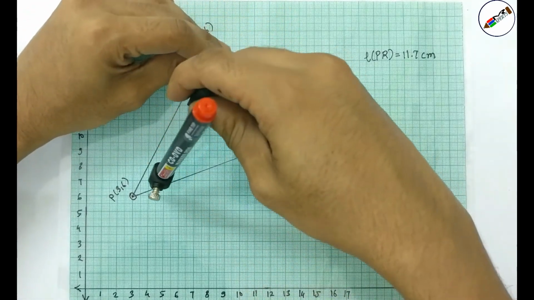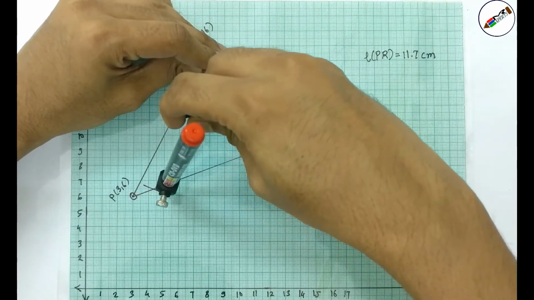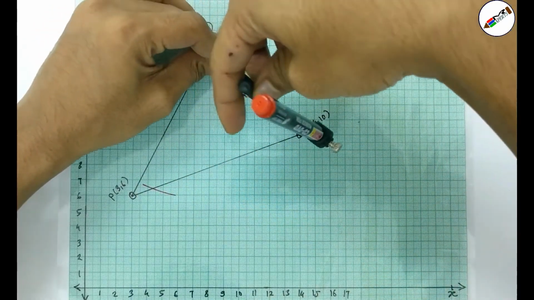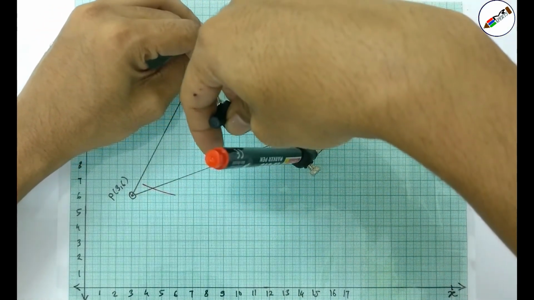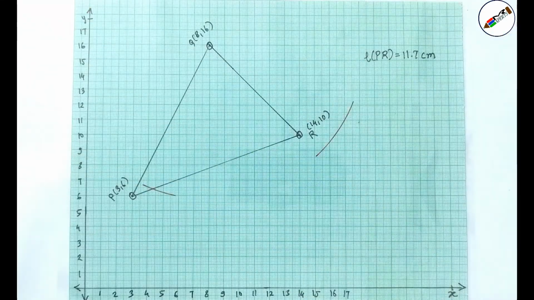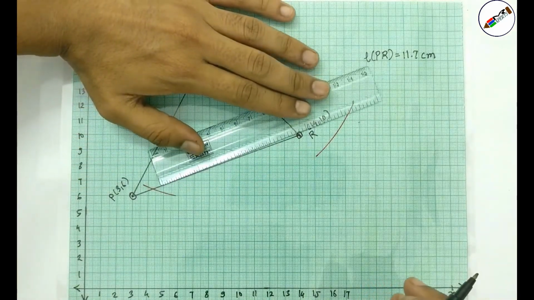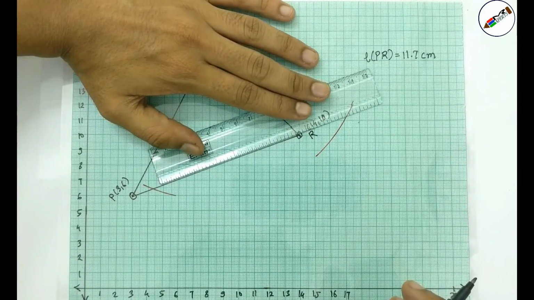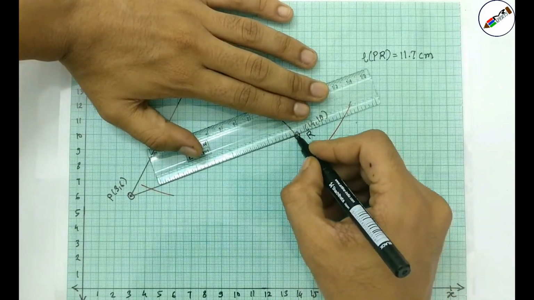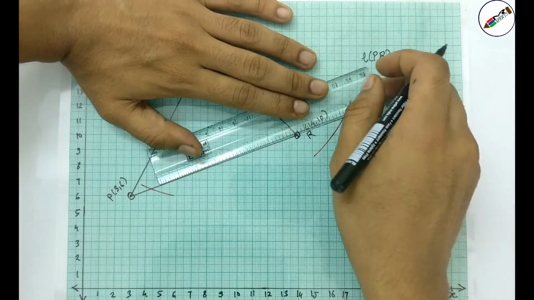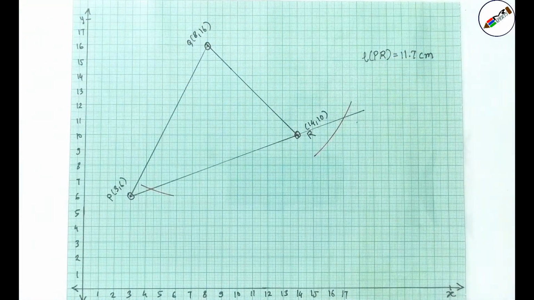As we all know, the procedure for making the perpendicular, we can see the arc is going outside the triangle, so we will have to extend the line segment PR for that purpose. So let us just extend line segment PR. So here we have extended line segment PR.